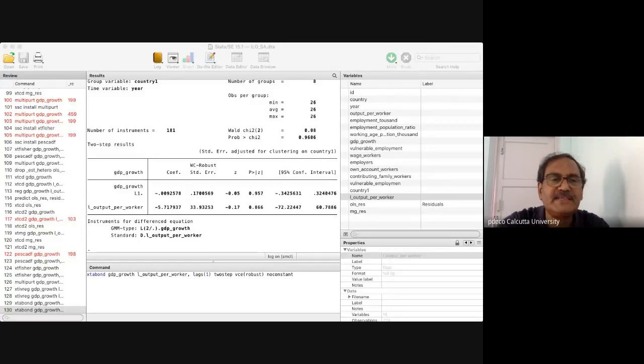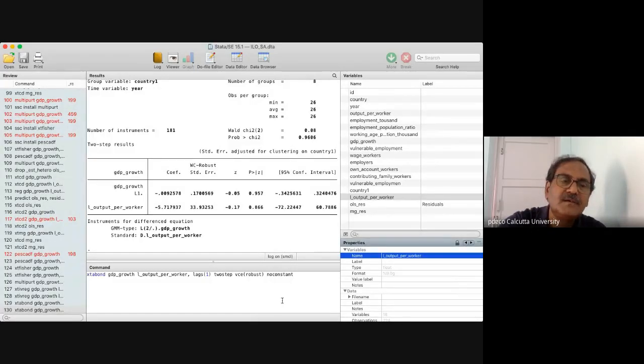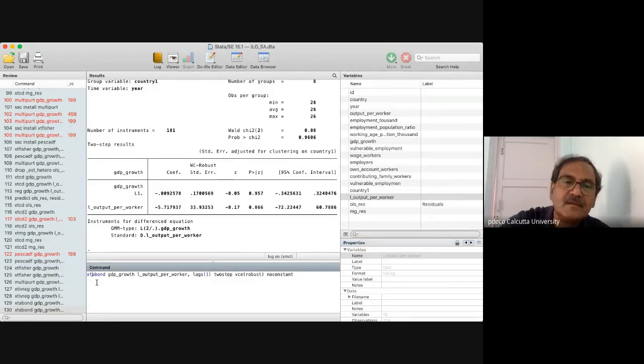If you want to estimate the same model by applying the system GMM, the command is xtdpdsys, xt dpd sys.